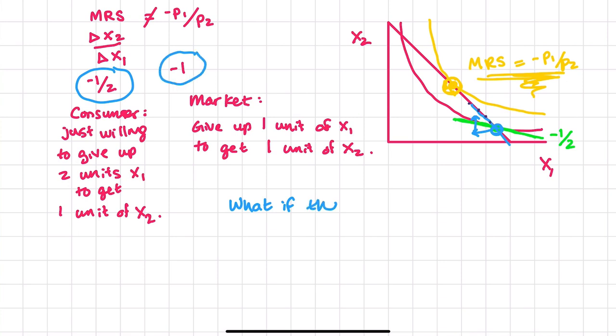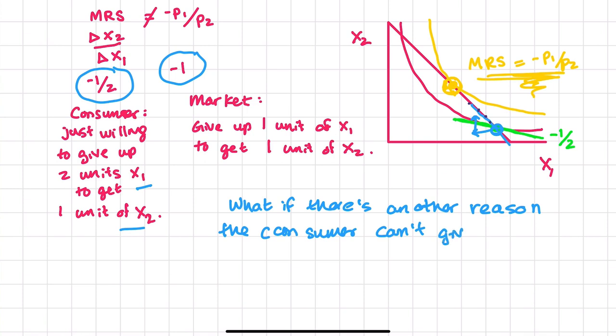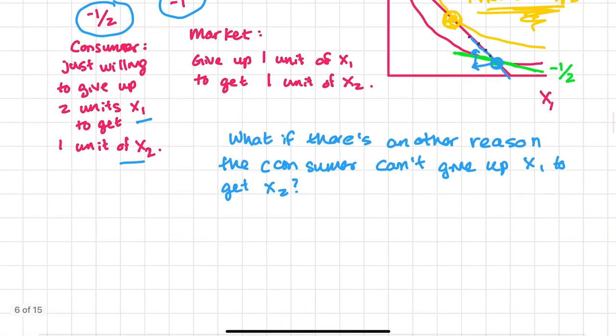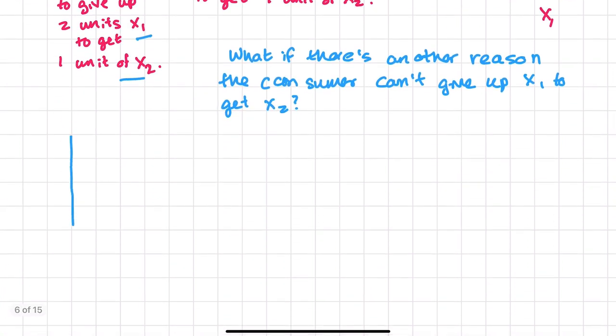What if there's another reason the consumer can't give up x1 to get more of x2? So this is a situation where we can get stuck in an optimal bundle where these two things are not equal.